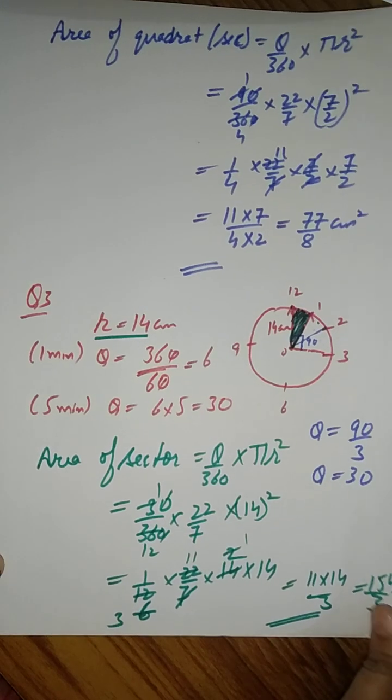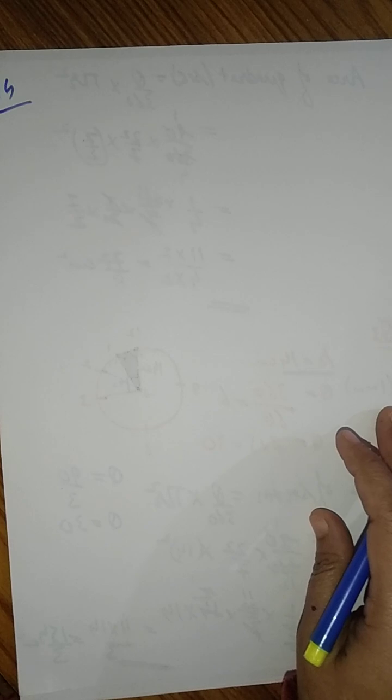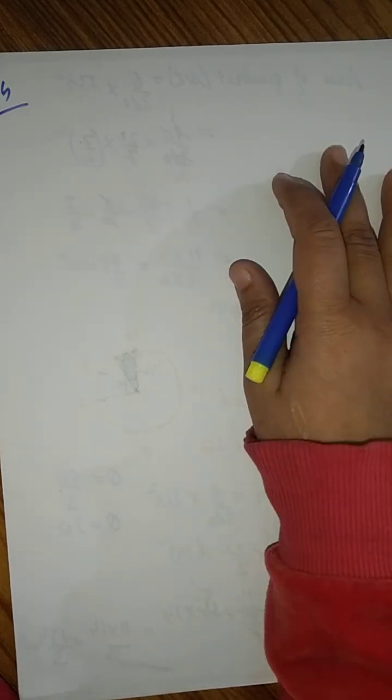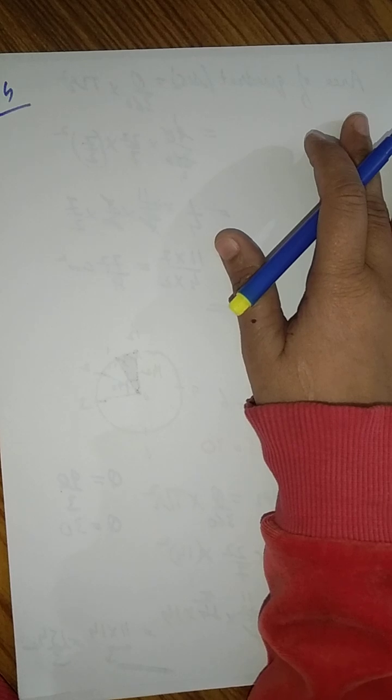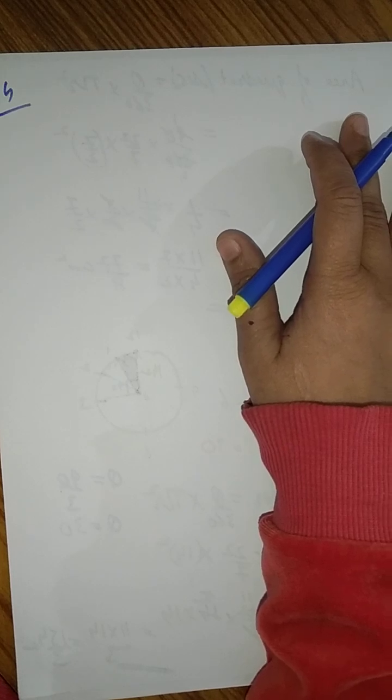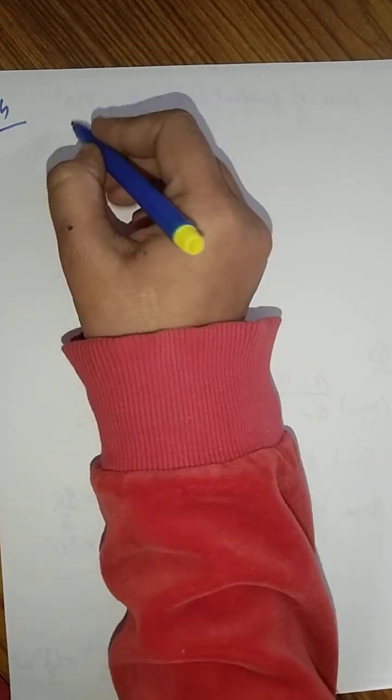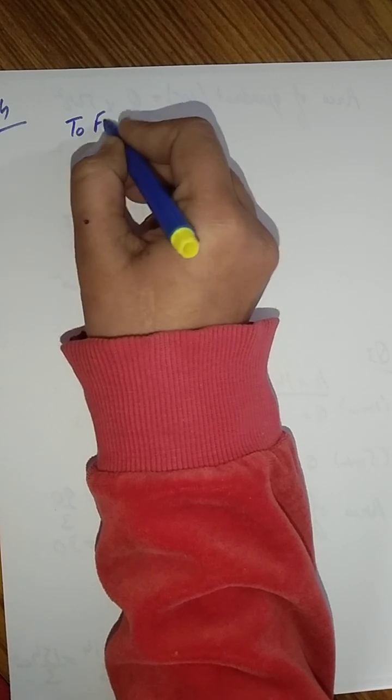Next one is question number 4. The statement is: the chord of a circle of radius 10 centimeter subtends a right angle at the center. Find the area corresponding to the minor segment, sector and major sector. So what do we have to find?